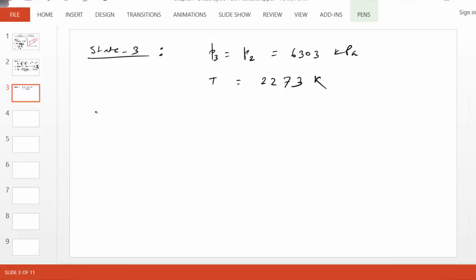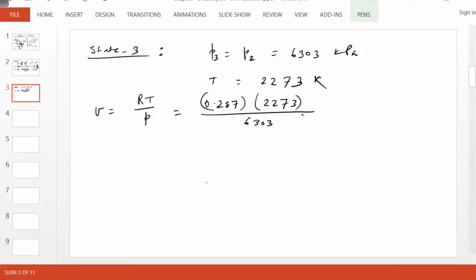So with pressure and temperature, we can find the specific volume. Specific volume will be from PV equals RT. Using that, and R, that gives us V3, or v at state 3, to be 0.103.